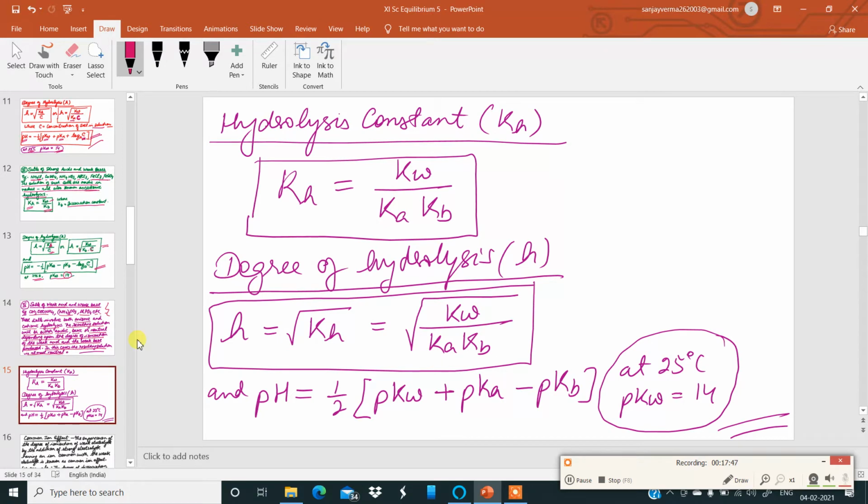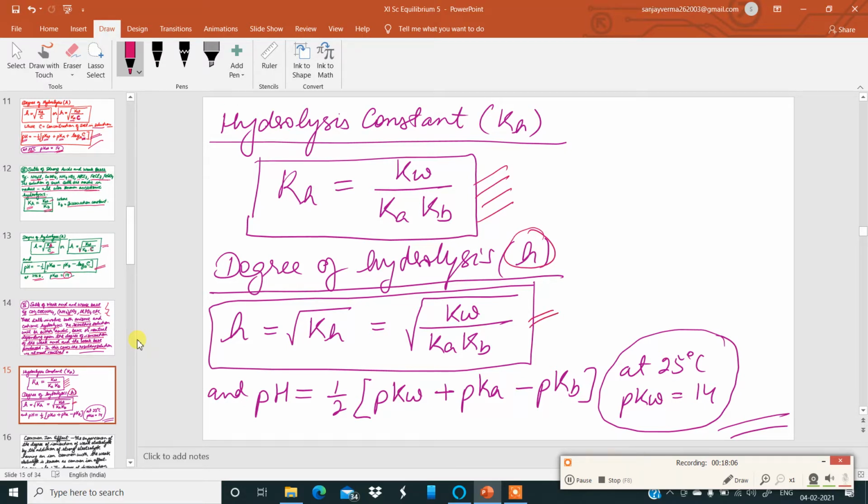Now to calculate the hydrolysis constant of salts containing weak acid and weak bases, KH is equal to Kw by KaKb. The degree of hydrolysis h is obtained by root under KH, and KH we know is Kw by KaKb. Just put the values.